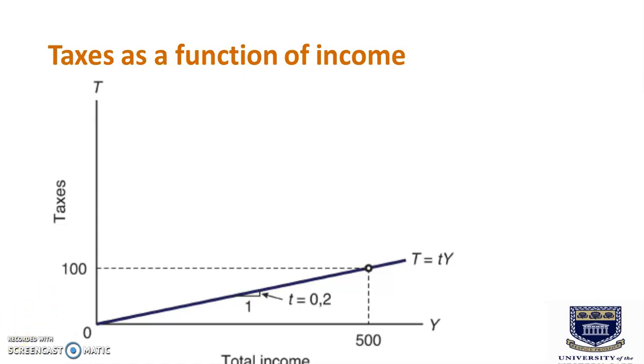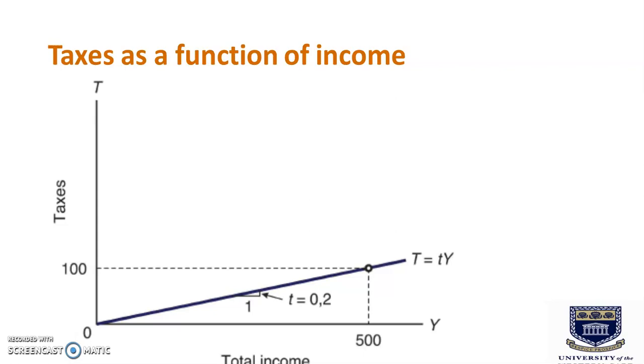In this figure, we have a simple example of the economy as a whole. We are given a fixed tax rate or a proportional tax. Here the tax rate is given as t equal to 0.2. We thus have T, capital T, equal to the tax rate 0.2 times Y, which means that 20% of the total income in the economy has to be paid to government in the form of taxes.